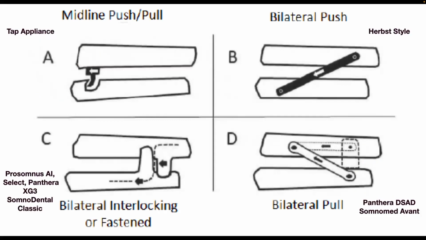So I bring this slide back up, and I want you to think of where the forces are, where that connection point is, because that's where there's going to be more force put on those particular teeth. So when I see the midline push-pull, we're getting a labialization of the mandibular anterior teeth and a lingualization of the maxillary anterior teeth.